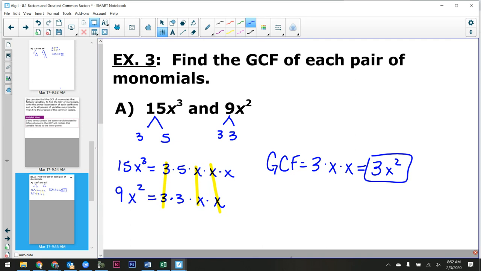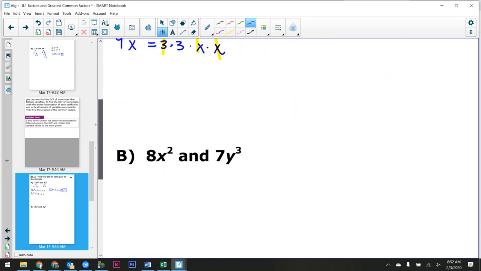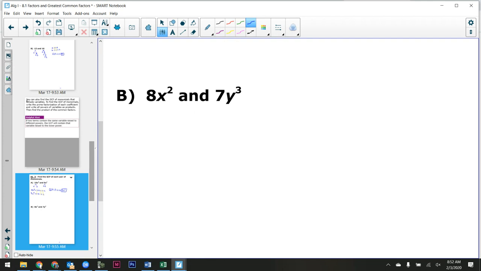Let's try another one. 8x squared and 7y to the third. Okay, well 8 is 2 and 4, and 2 and 2, and 7 is 1 and 7, right?